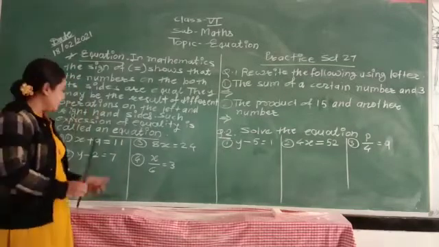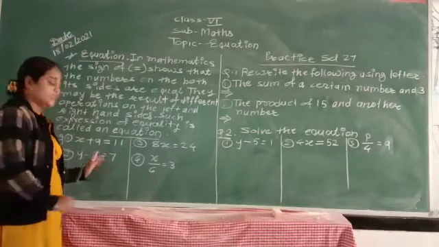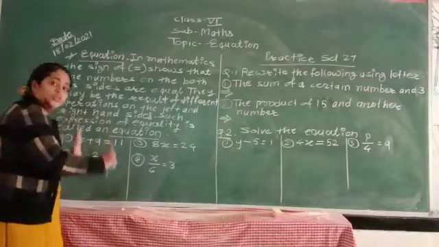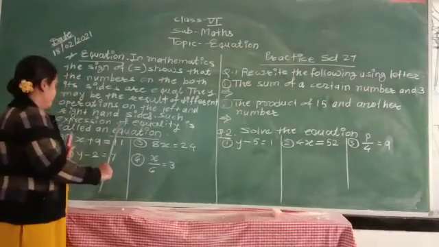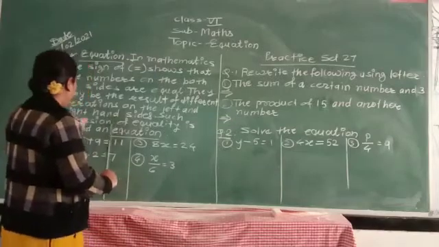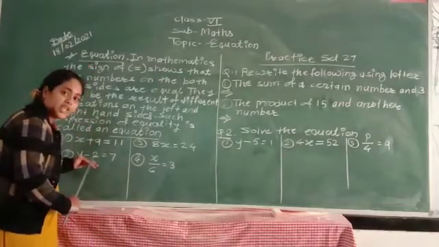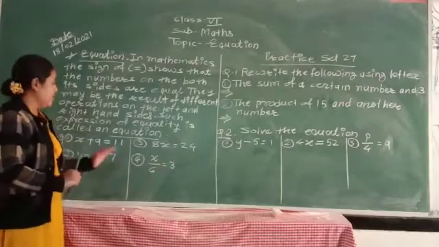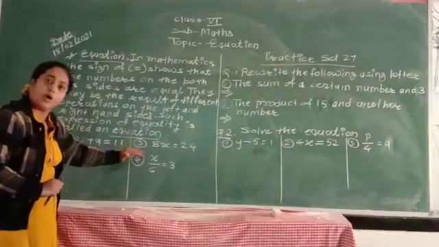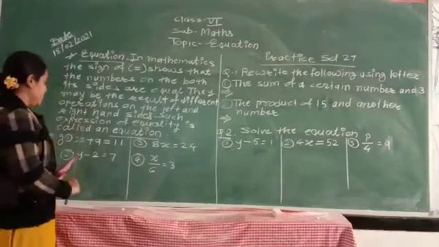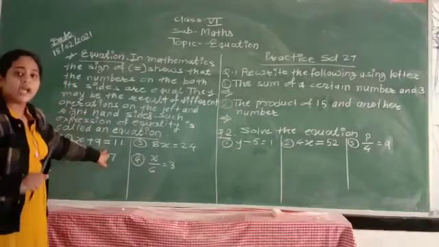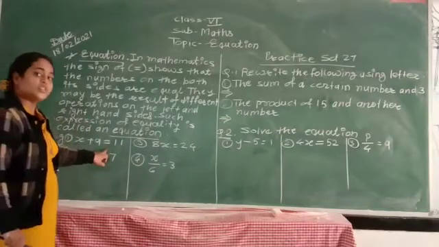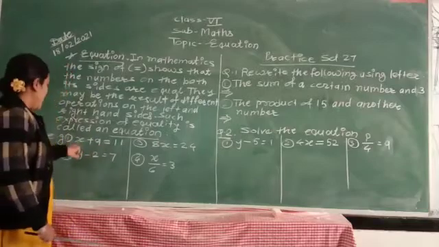And this sign of equality means two sides are formed. On my left hand side there is the left hand side of this equation, and on my right hand side there is the right hand side of this equation. Due to this sign of equality, two sides are formed.